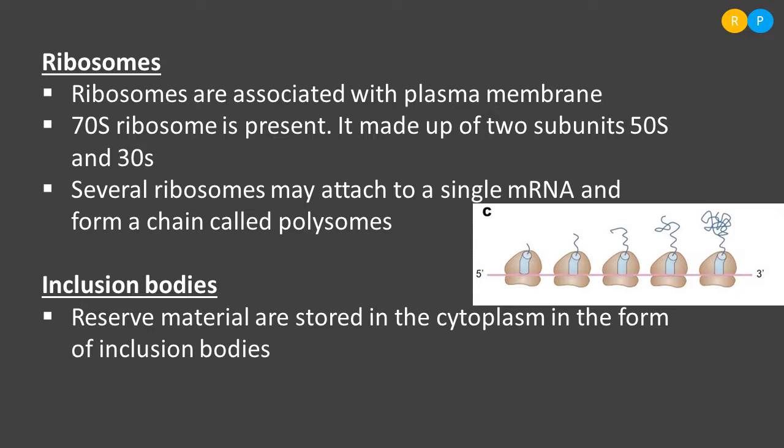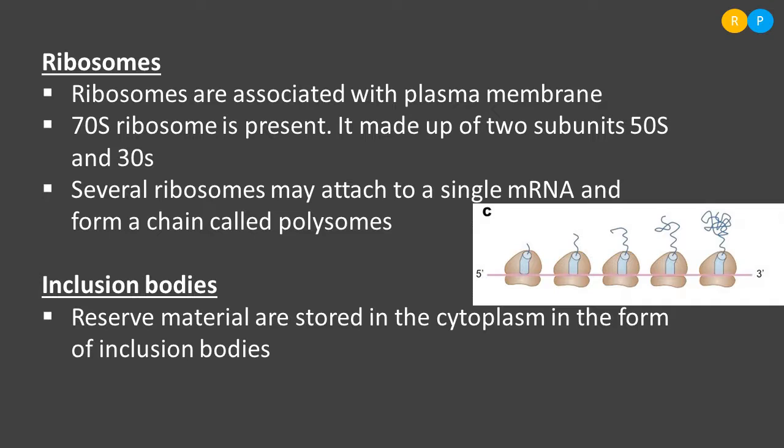Clear? So inclusion bodies are not membrane bound structures. They do not consist of any membrane. Understood? So there is no membrane, simply the reserve material suspended in the cytoplasmic region. They are freely suspended in the cytoplasmic region without any membrane. So those structures are named inclusion bodies.